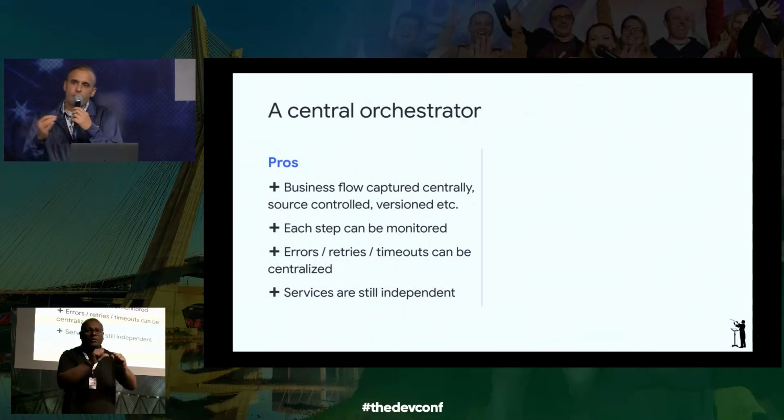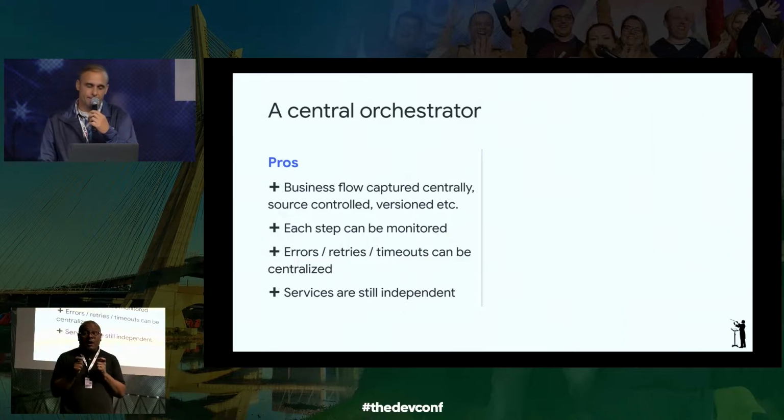So you don't have to implement each of these policies in each service. Instead, you can implement it in the central orchestrator, and that simplifies your microservices. And your services are still independent, right? So they're still deployed independently, but you kind of bring them together into a temporary orchestration that you define.